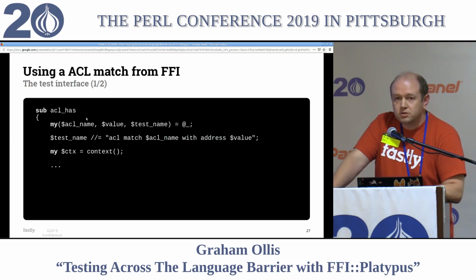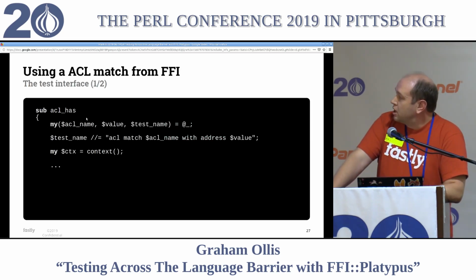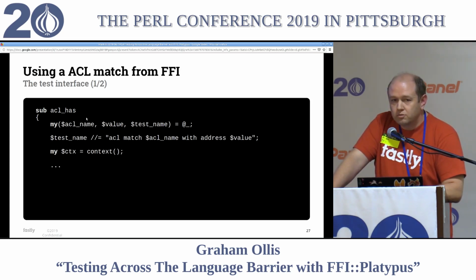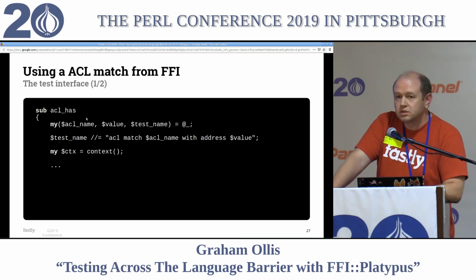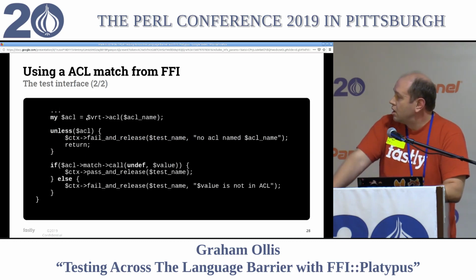And so now we can actually write our testing tools. This is kind of boilerplate. We take in an ACL name and the IP address that we want to match against. We've got a test name. And we look for the ACL, to see if it exists in the VCL.